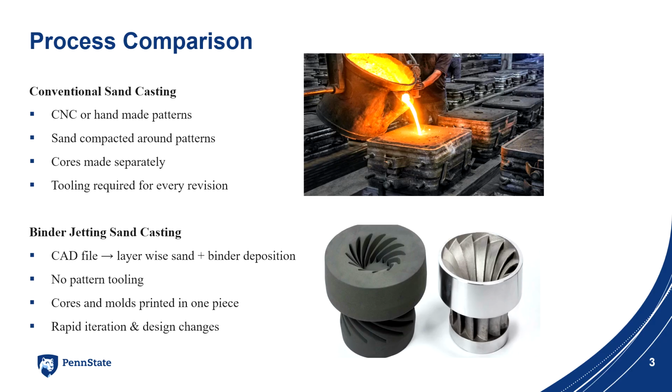Binder jetting removes that physical constraint because it is an additive process. There is no pattern to insert or remove. The printer reads the CAD data and chemically bonds the sand only where the design requires it. The fundamental comparison here is shifting from physical forming, with all its geometric limits, to digital construction where those limits are removed.